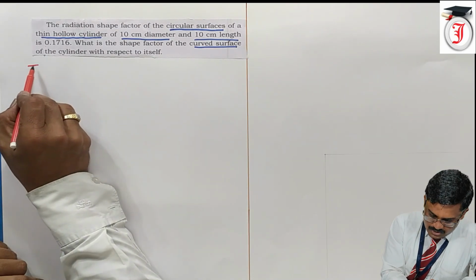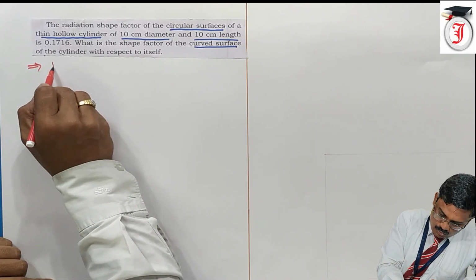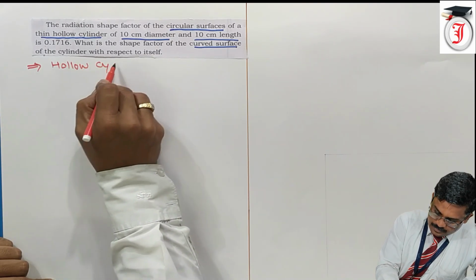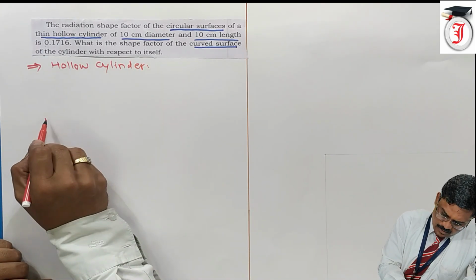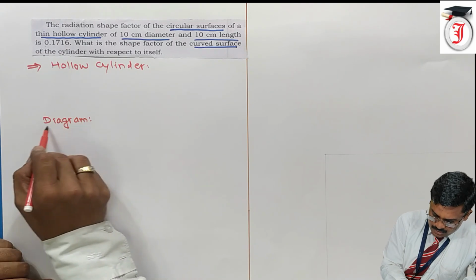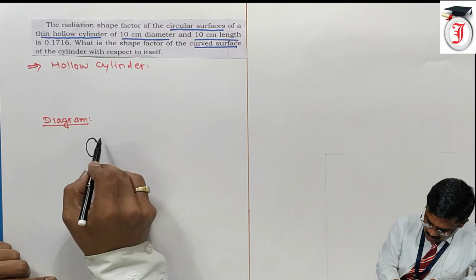Let us first write down the given data. We are given a hollow cylinder. So let us draw the diagram for the hollow cylinder. Suppose this is a hollow cylinder.